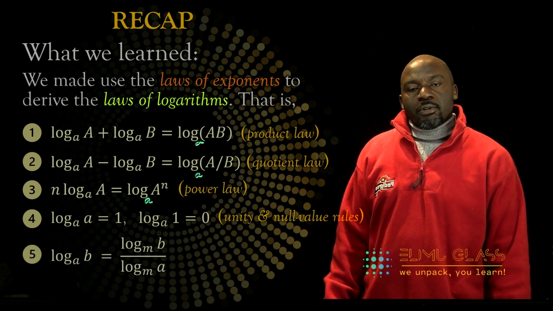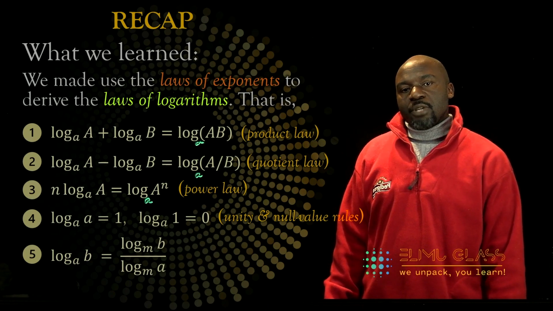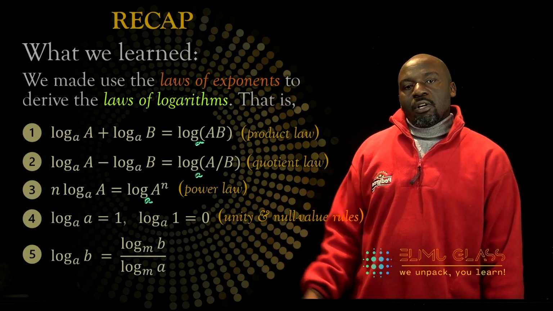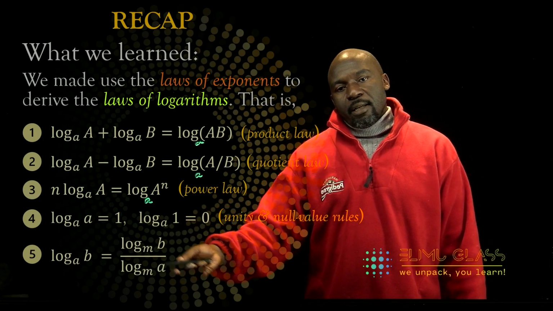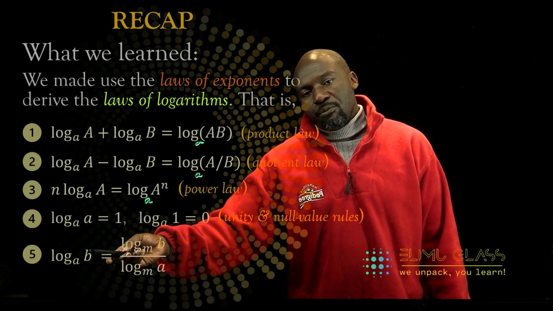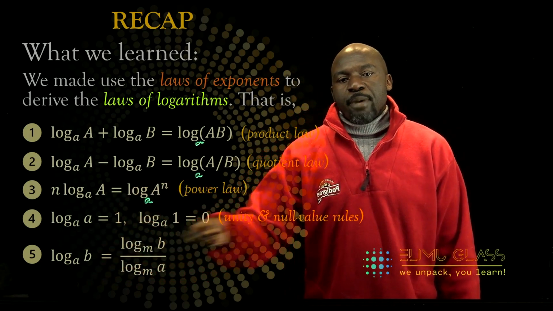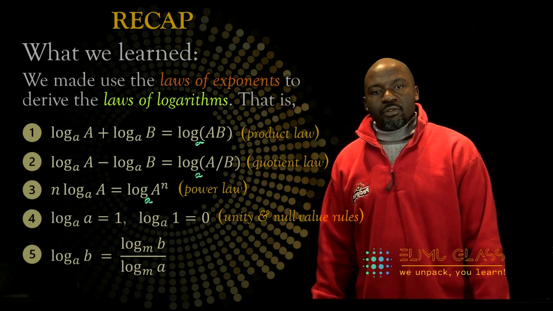Next, we also saw how to change the base. So given log to base A of B, we can express log to base A of B as log of B over log of A under a new base. You can choose that base as you please.